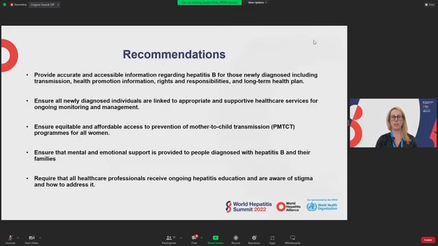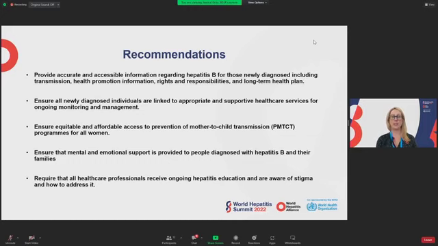So I'll just quickly share some of these recommendations with you. It recommends that we provide accurate, accessible information regarding hepatitis B for those newly diagnosed, including transmission, health promotion information, rights and responsibilities, and a long-term health plan.